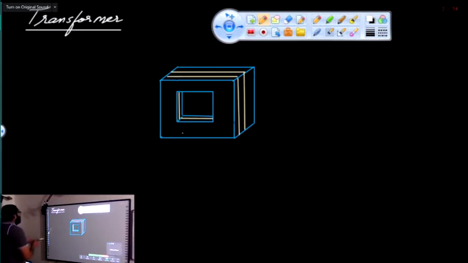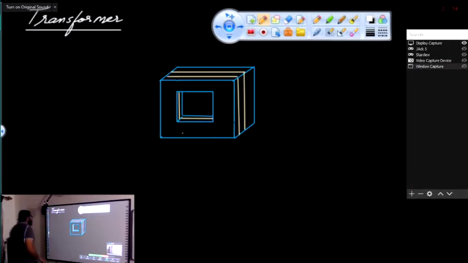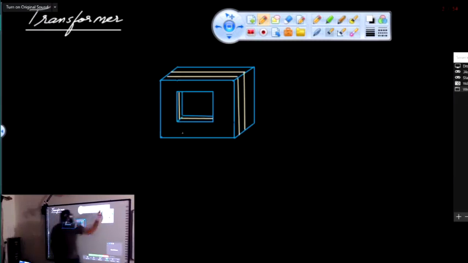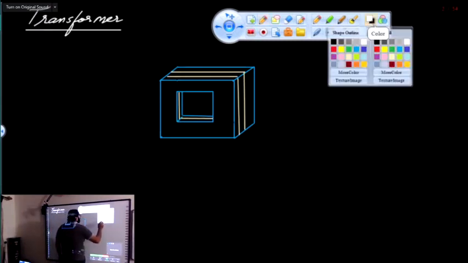It's a general structure of transformer, general design of transformer. So we are not concerned that it's the first one or the second one, both can be.